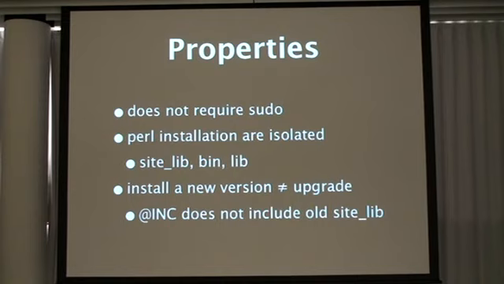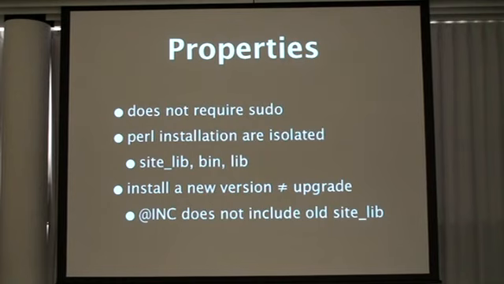That's the kind of thing that Perl upgrading does. Now the Perl built with perlbrew does not have this property. The default inc does not include older versions of site-libs, which I think is an awesome property. So I'll explain later.